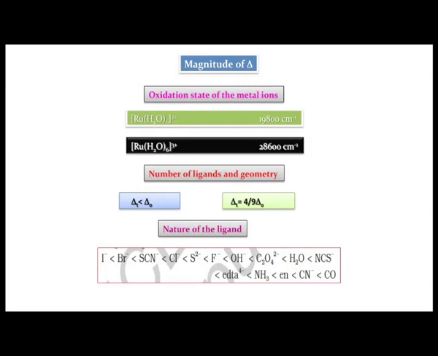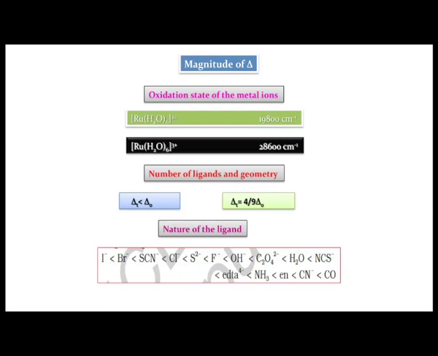Now, how is the magnitude of delta, particularly for the octahedral field, dependent on other factors? The first thing we have just considered is the nature of the ligand. We have compared fluoride as well as cyanide.